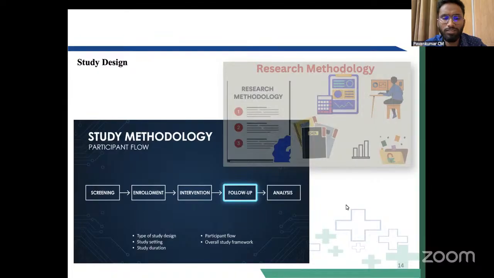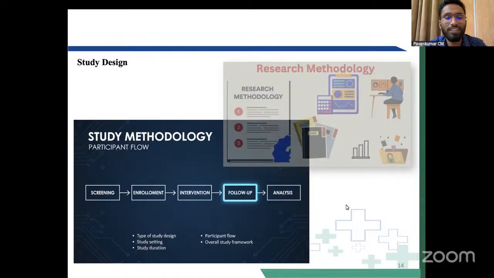Coming to the types of study designs, for example, cross-sectional, cohort, case control, and randomized controlled trials. Randomized placebo-controlled is the gold standard in clinical research, because it determines the validity and reliability of the result.